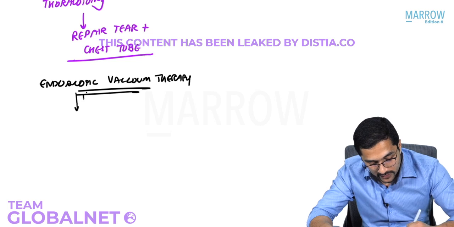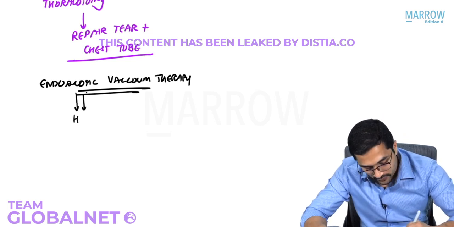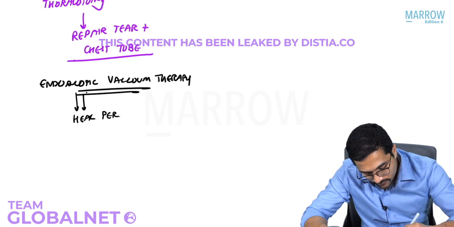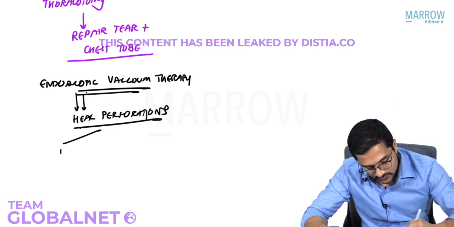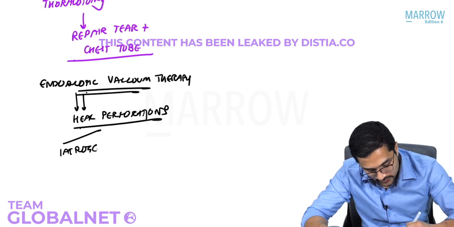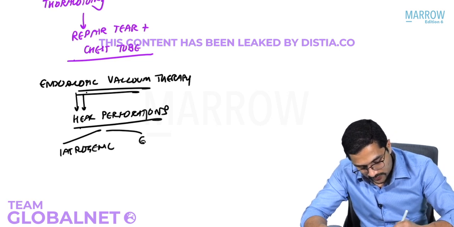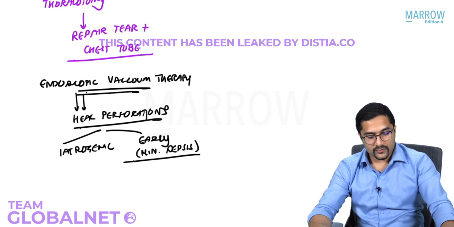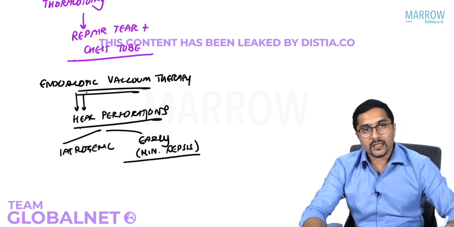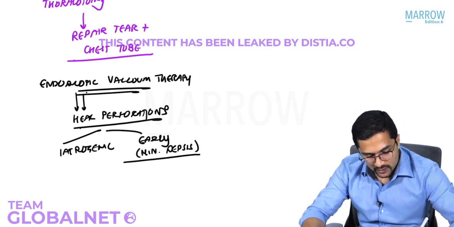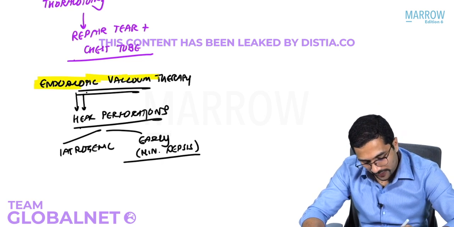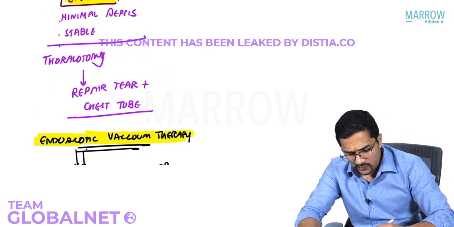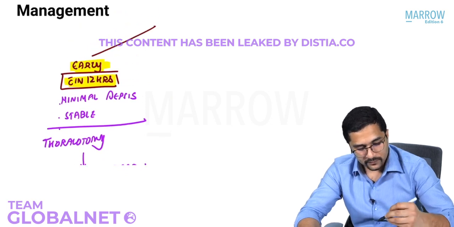Similarly, vacuum therapy can be done to heal esophageal perforations, but this is only done in patients with iatrogenic perforations, or if the patient comes early and there is minimal sepsis, in Boerhaave's, which is very unlikely. Most of the times these patients come late only. So I just want you to remember the term endoscopic vacuum therapy, which is being used for esophageal perforations.